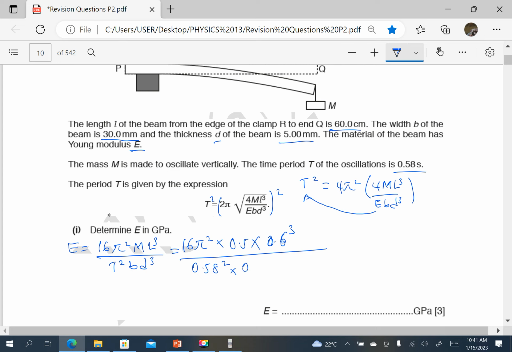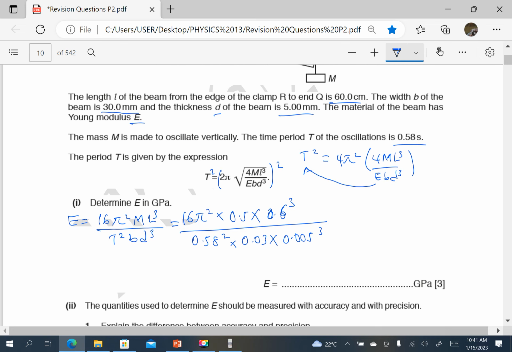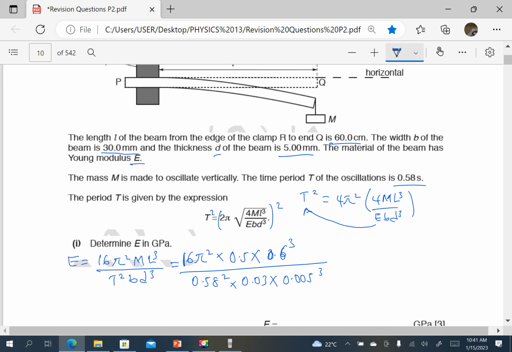So that is 0.03 times D. D is 5 millimeters. 5 divided by 1000, that is 0.005, but this is raised to power 3.